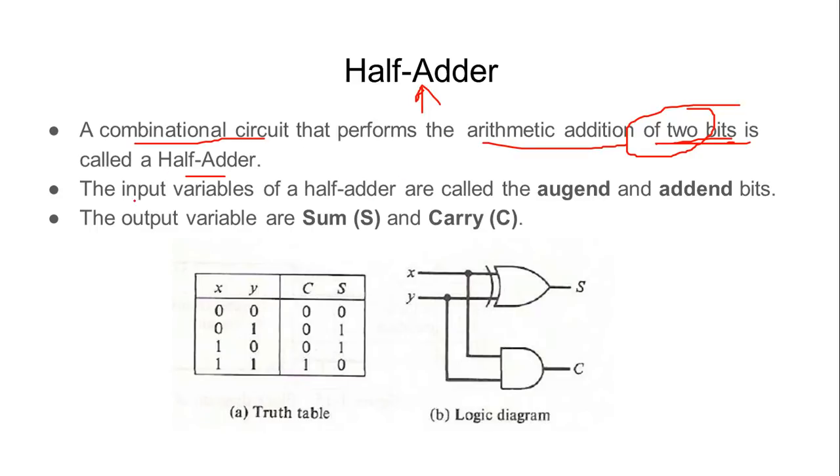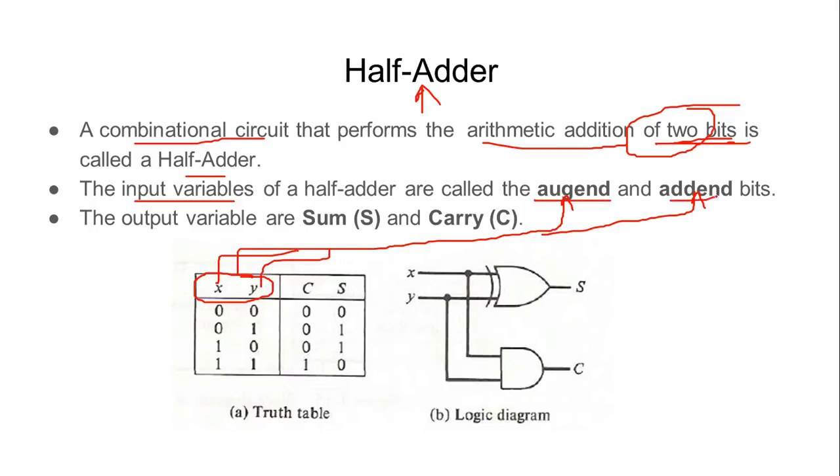The next thing is that there are two input variables, and these input variables are basically called the augend and addend bits. This x will be the augend and y will be the addend bit. This is just for your understanding of the concept that in the addition we have two variables in the name of augend and addend.